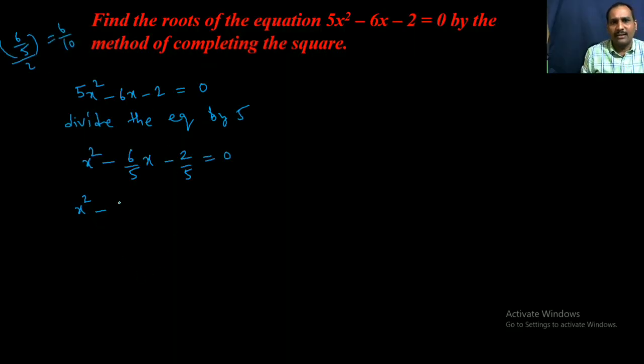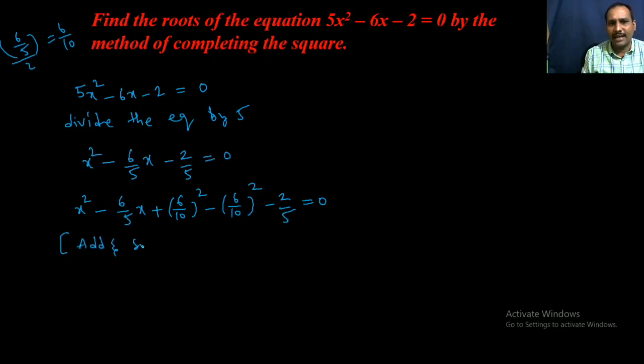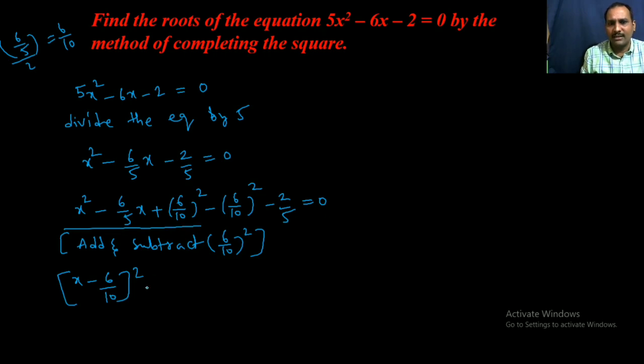So x square minus 6 by 5x plus 6 by 10 whole square minus 6 by 10 whole square minus 2 by 5 equal to 0. I have added and subtracted 6 by 10 whole square here. Now this will become x minus 6 by 10 whole square minus 36 by 100 minus 2 by 5 equal to 0.